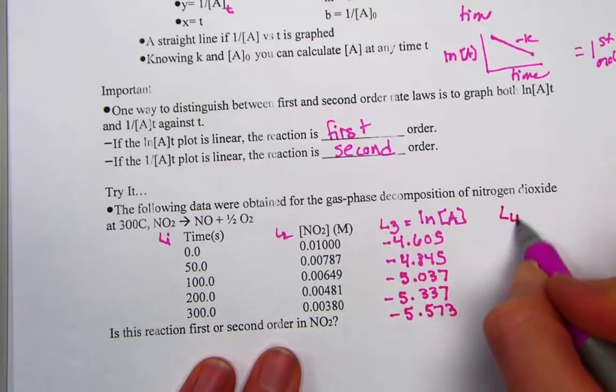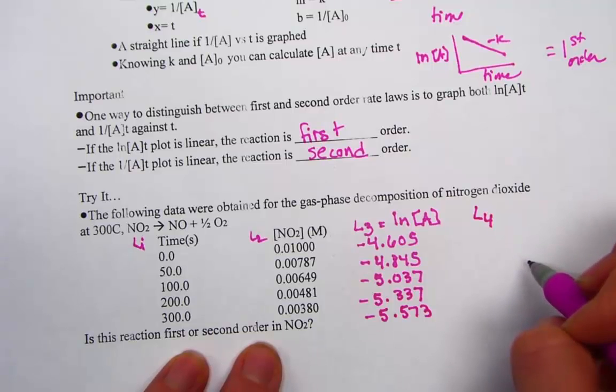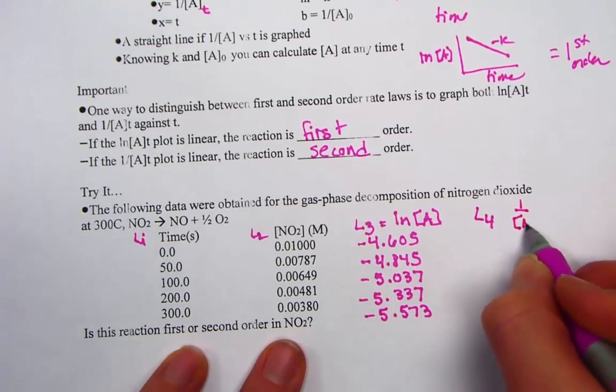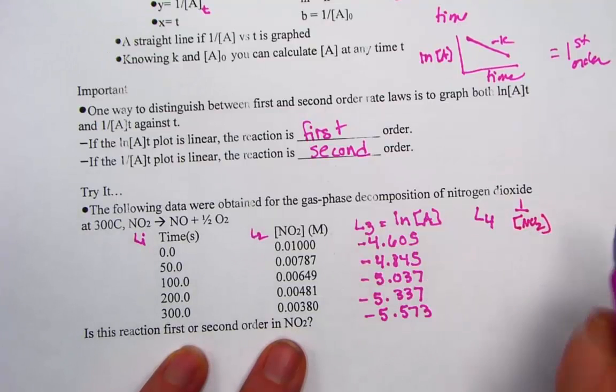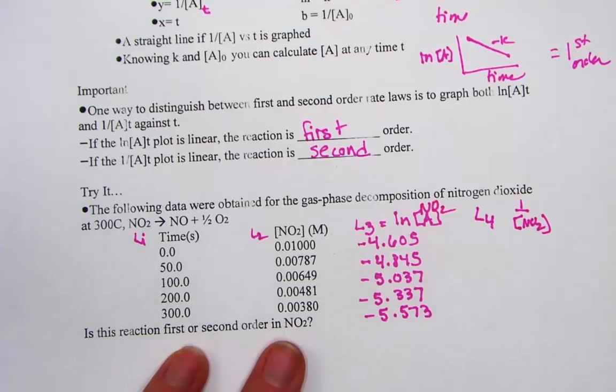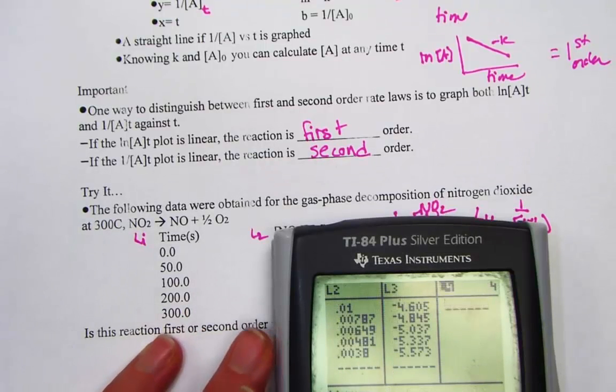We also need to consider a list 4. In list 4, I want the reciprocal of list 2. So I want the concentration of our reactant, NO2 or A. But let's make the calculator do that for us. So again, I'm going to move my cursor to the top of list 4.